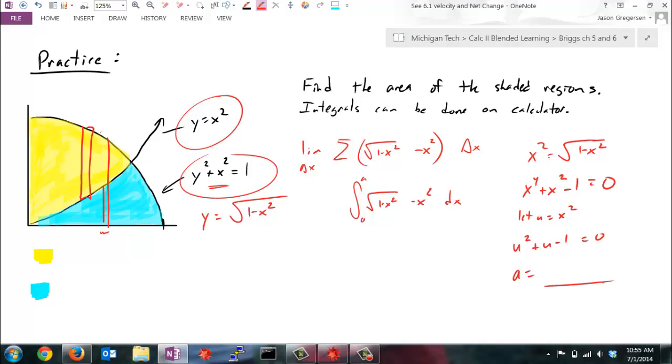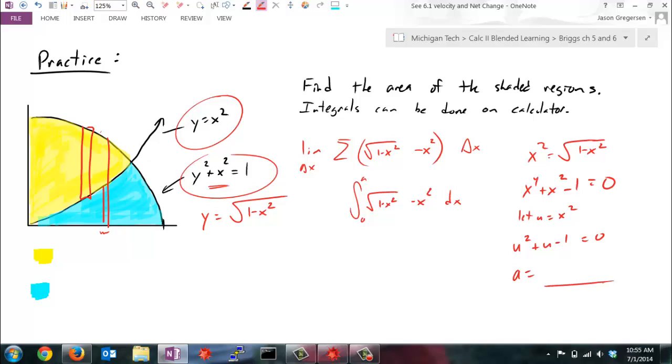Now what about the other piece? This one looks easier, right? I'm just integrating from the axis to the function, so I'm just integrating the function. Once again, I got to find out that a piece, because I can't integrate all the way across. I have to integrate from 0 over here to find the area under this function, but then I switch functions. Then the ceiling isn't x squared anymore.